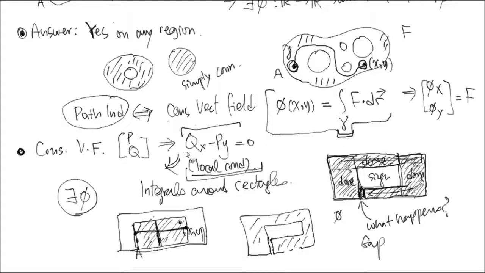So to summarize, if you have this curl zero condition, we can only construct the potential function on a simply connected region. You can accomplish that much. But if the domain itself is not simply connected, there's no guarantee that when you go around and try to close up, it's going to patch together perfectly.